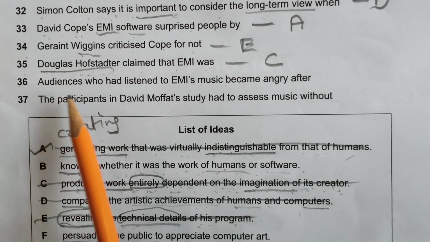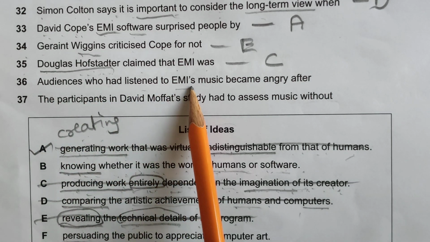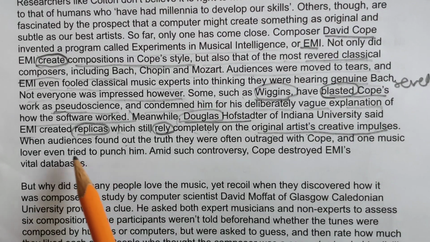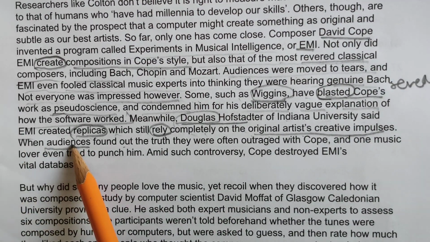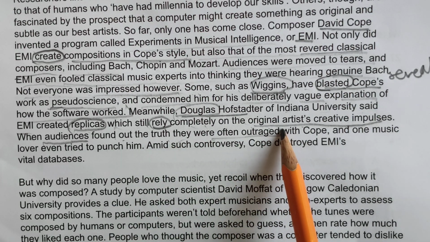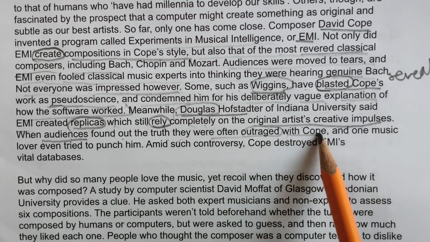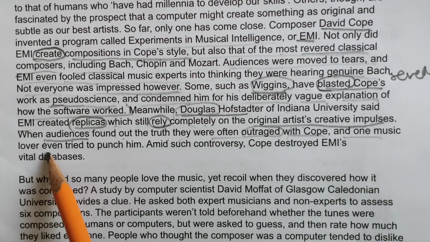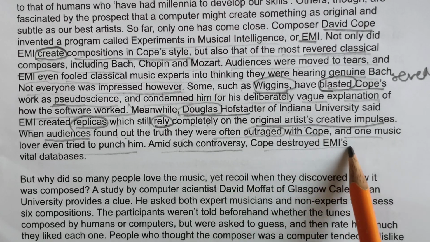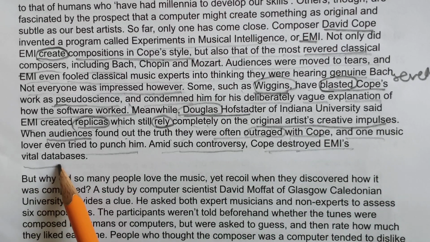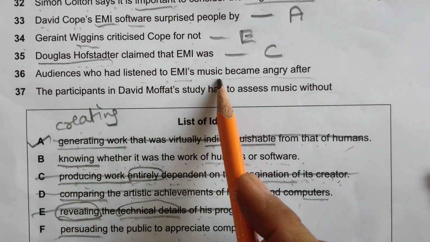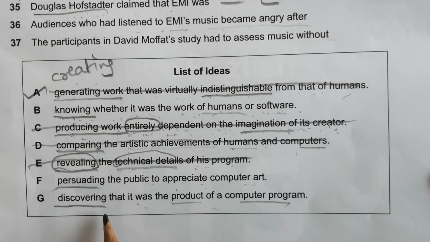36. Audiences who had listened to EMI's music became angry. Okay, now it's about audiences. When audiences found out the truth, they were often outraged. They were angry with Cope, and one music lover even tried to punch him. Amid such controversy, Cope destroyed EMI's vital database.